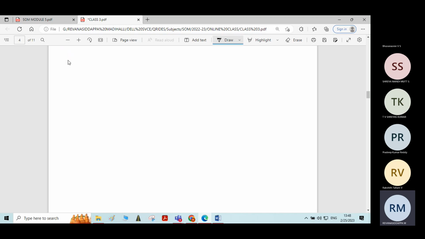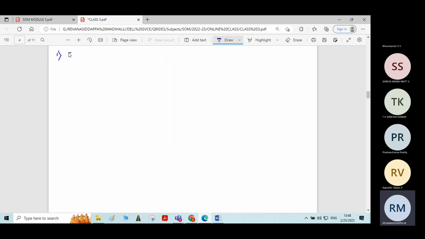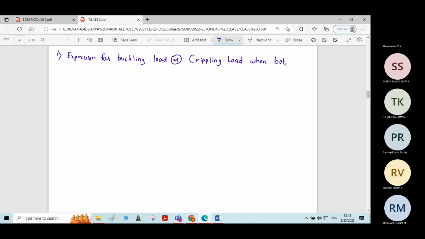Now write the first case, expression for buckling load or crippling load when both the ends of the column are hinged.